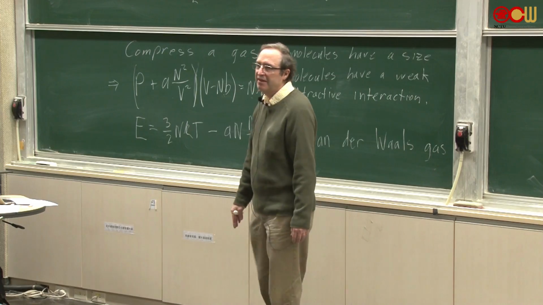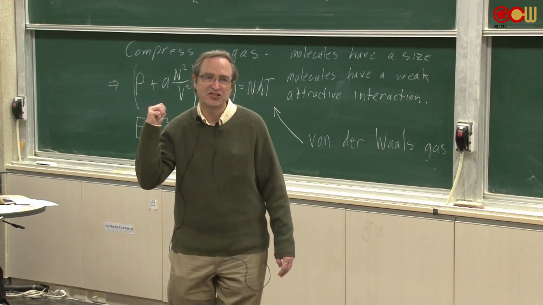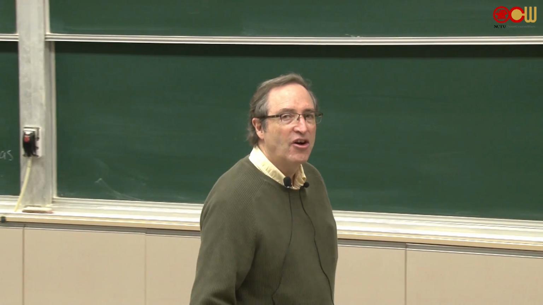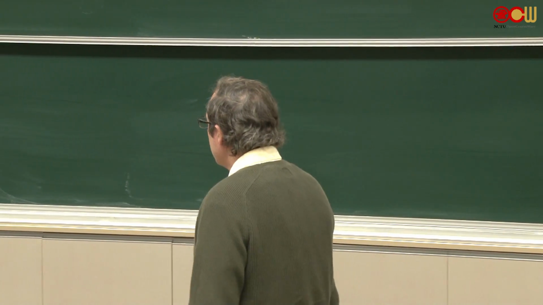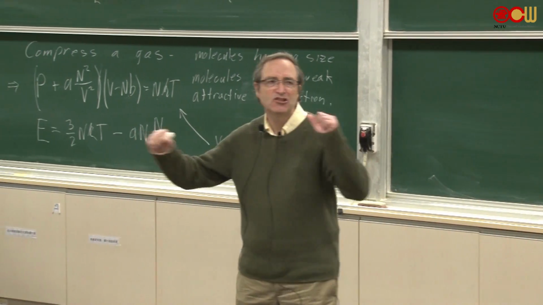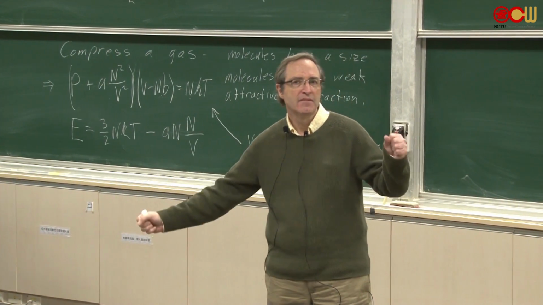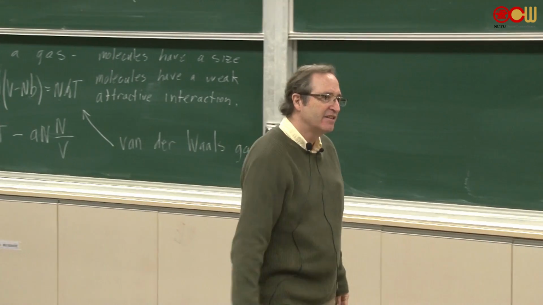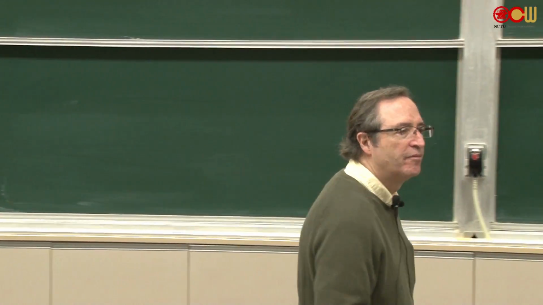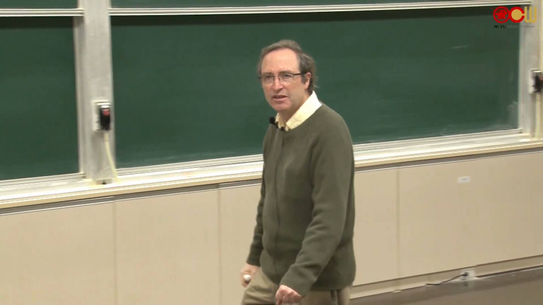All right. Now let's see if you really understand this. All right. So imagine that we don't have any attractive interaction, but the molecules have a size. So the size is the only thing that's important. And we have two gases.